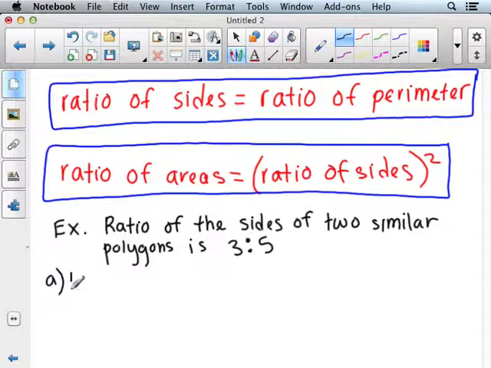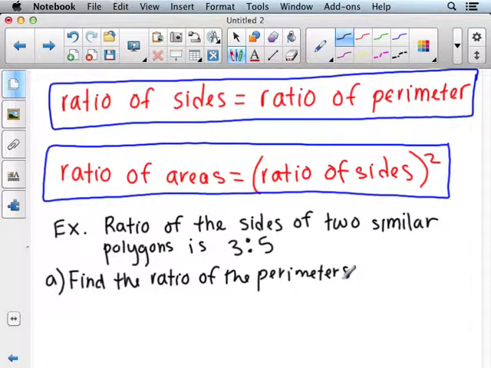A, find the ratio of the perimeters. Well, I don't even need to know anything about what these shapes look like. If I'm given the ratio of the sides, I know automatically that the ratio of the perimeters is also 3 to 5. It stays exactly the same.